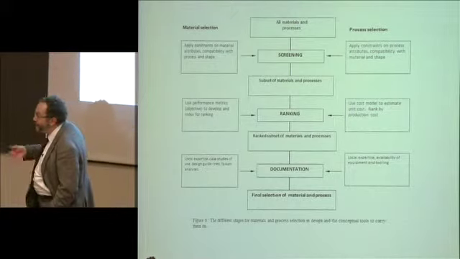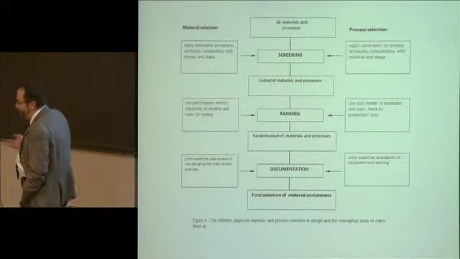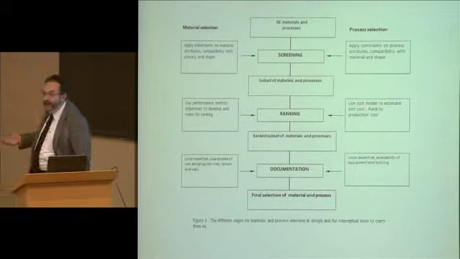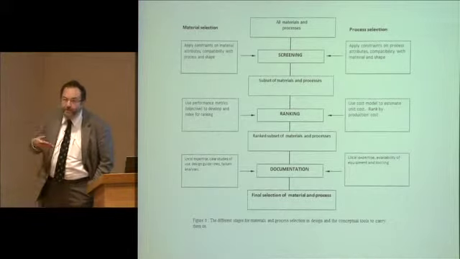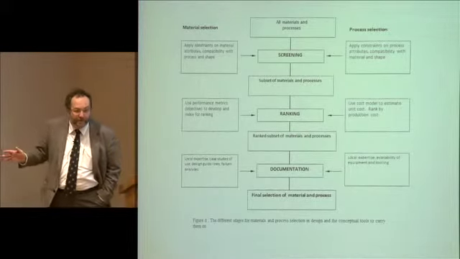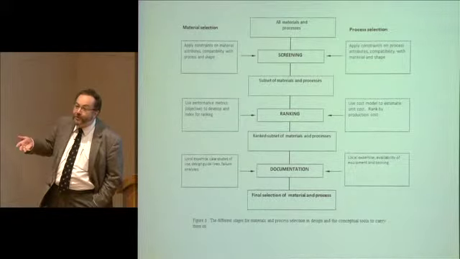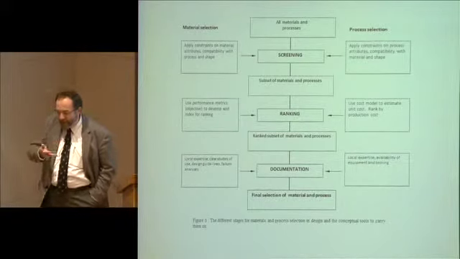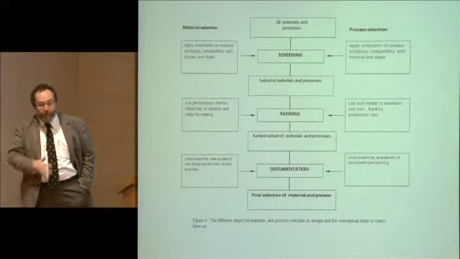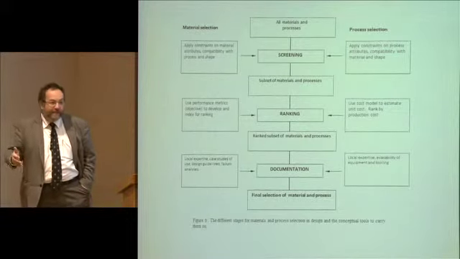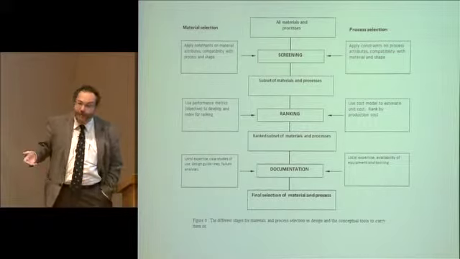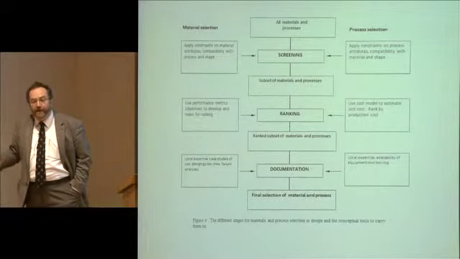So, first step of screening, for instance, if you're working with a material, you say, okay, this material needs to operate in an aircraft engine and needs to withstand temperatures of 800 degrees. And that allows you to screen out a certain number of materials that don't stand a chance. And in the same way, you can use processes too.